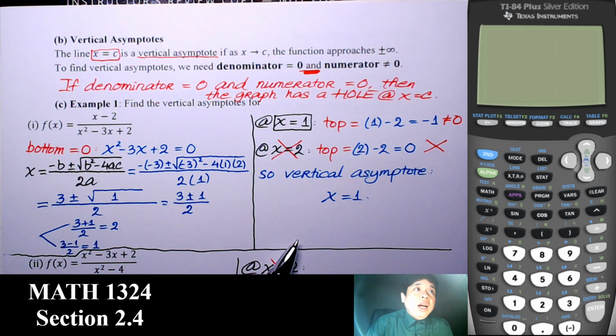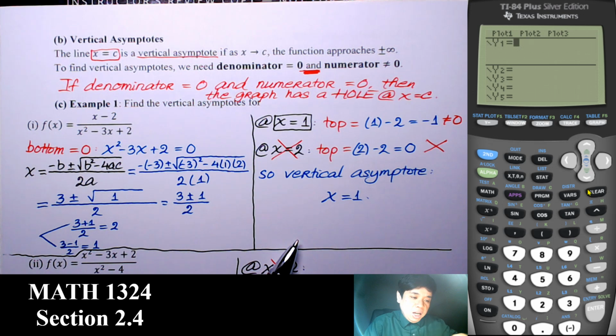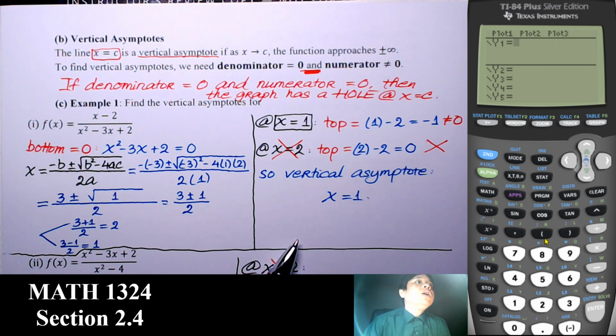Right. Now let's just graph the function, see what happened. We can just say x minus 2 divided by x squared and so on.